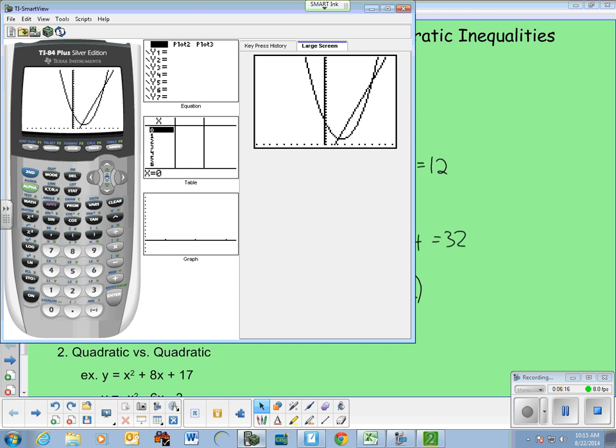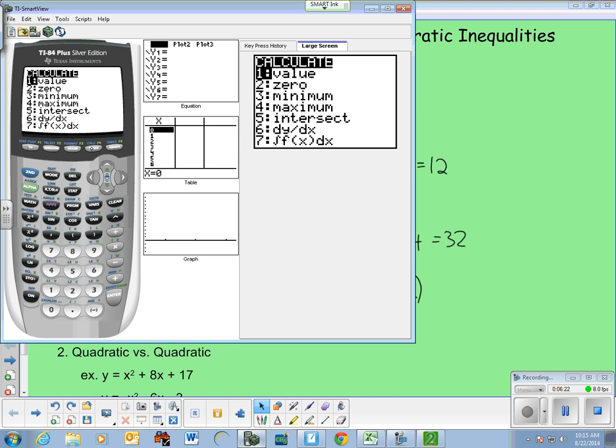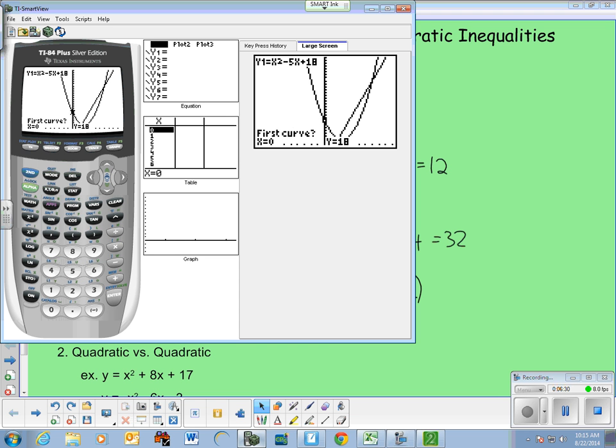So if you want to find intersections of graphs in your calculator, go to Second Trace, which is the Calc menu. There's a lot of things that this calculator will tell you about a graph or graphs. I'm going to choose option 5 for intersect. Where do these graphs intersect? Now it's going to ask me 3 questions. First curve, just hit enter if you just have 2 graphs on there.